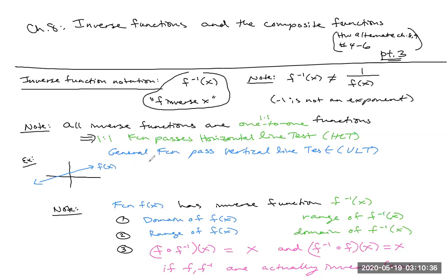Remember, in order to be a function, each input x must only have one output associated with it. Let's call this x value a and call this y value b. Okay, so the point (a, b) is on the graph of f of x.